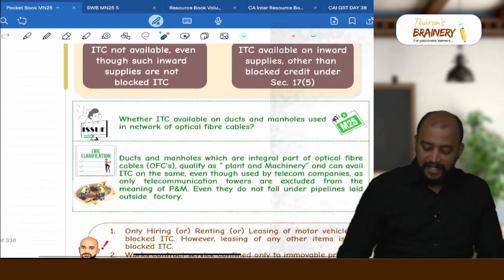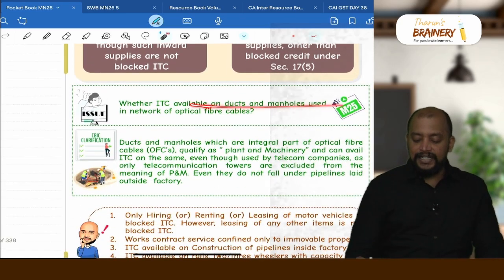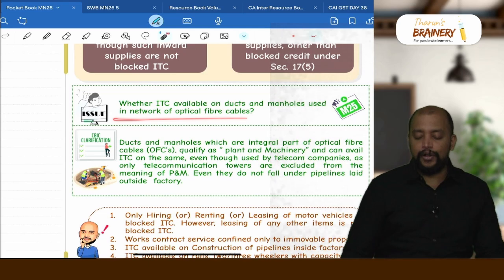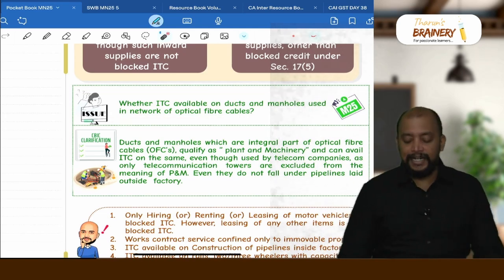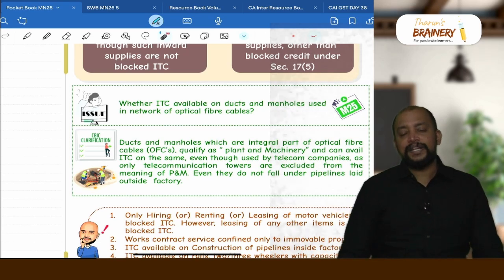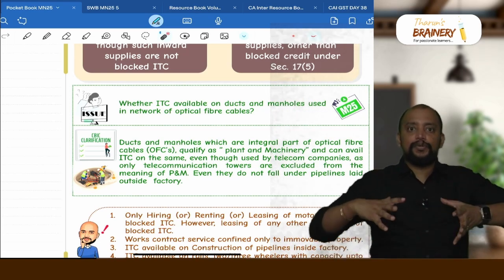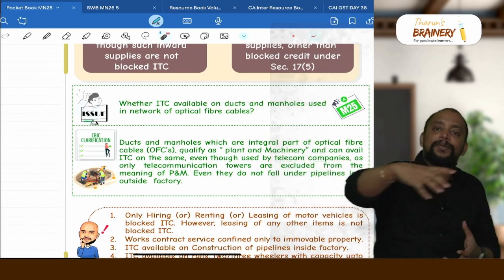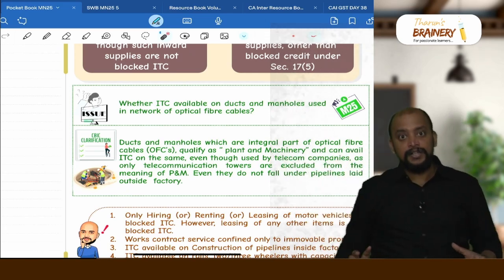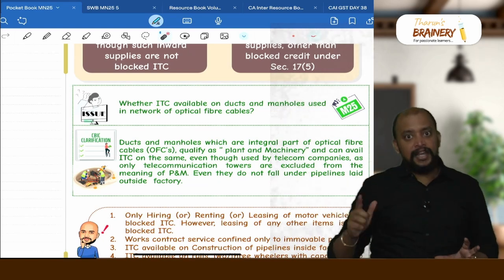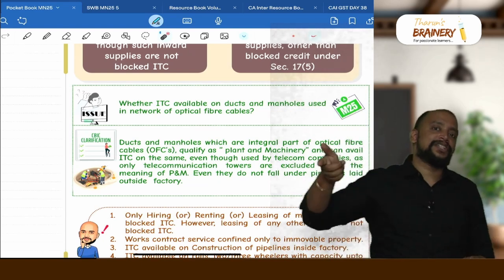Then, is ITC available on the ducts and manholes used in the network of optical fiber cables? Yes, for ducts and manholes, they can definitely take ITC. Basically, these ducts and manholes are integral parts of optical fibers. Usually they lay down the optical fibers, and for that they create the duct pipes and the manholes. Would it come under telecommunication towers, because of which ITC is not available?